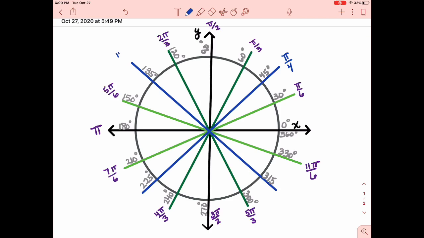This is 3 pi over 4. 4 pi over 4 is pi. 5 pi over 4 is down here. 6 pi over 4 is 3 pi over 2. 7 pi over 4 is over here. And 8 pi over 4 would be our 2 pi ending.